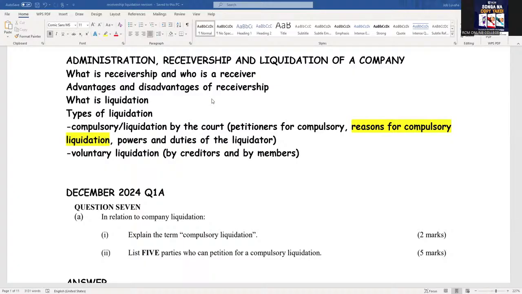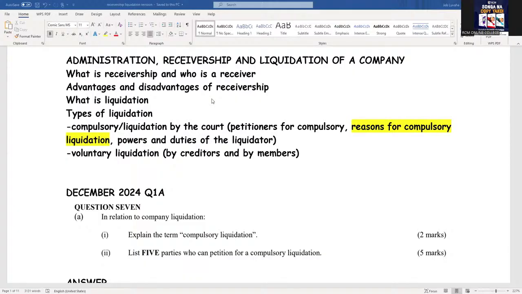It can't be the liquidator. You can't say liquidator because even liquidation hasn't commenced. Liquidator comes after the liquidation has commenced. We have administrator or receiver. So in this case, you have the 5 parties, administrator or receiver.